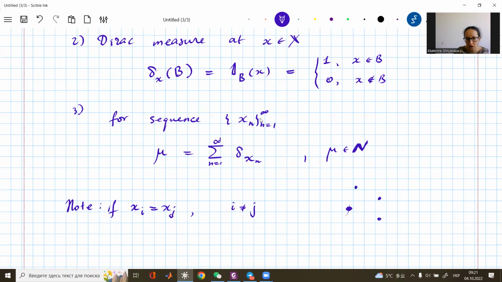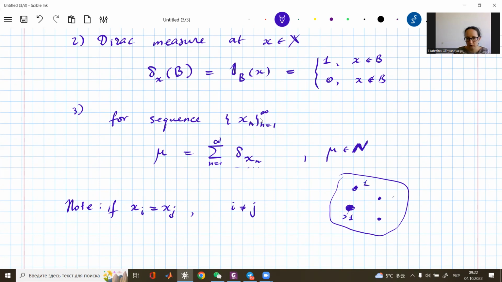So how you can understand this Dirac measure: at one point you have weight 1, but if you have this summation with equal points for different indices, this means that you have several points, and for example the mass will be bigger than 1.